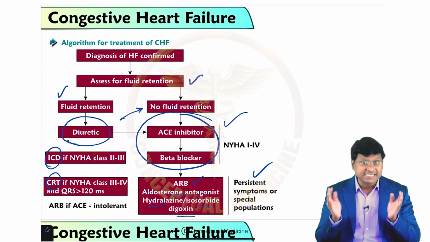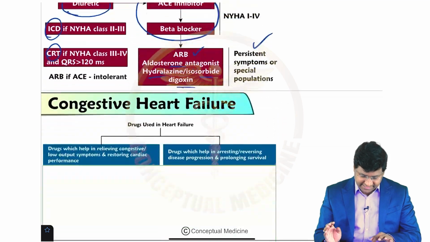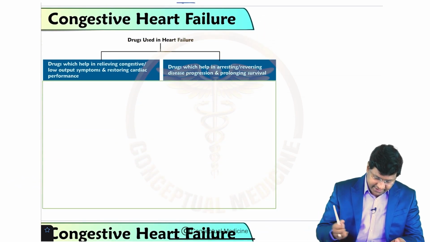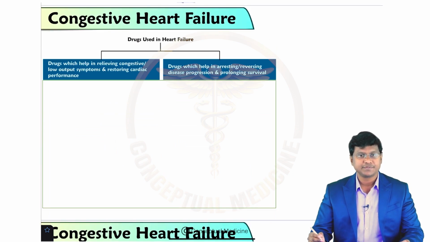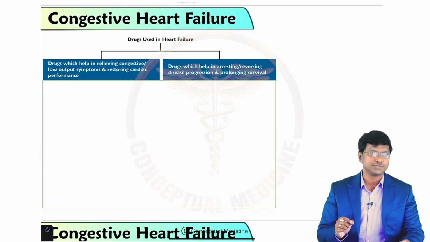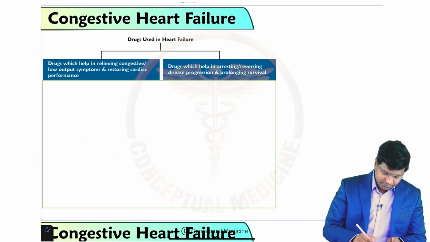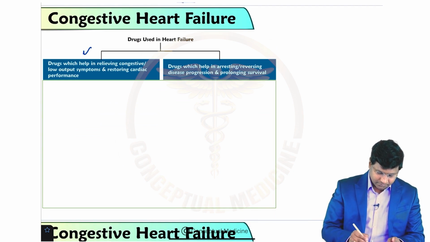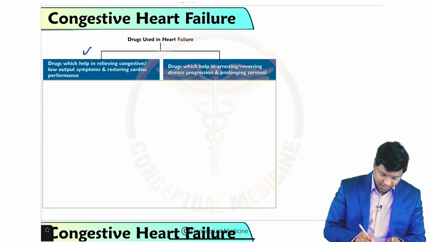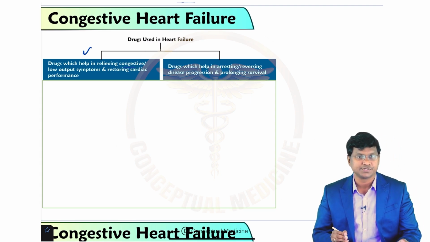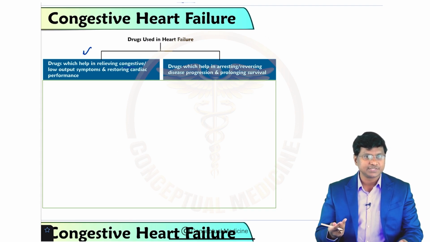Now, if you summarize the drugs used in heart failure. So if you see the classification of the drugs used in heart failure, drugs which help in relieving the congestive or low output symptoms and restoring the cardiac performance. So what are the drugs which will help in relieving the congestion?